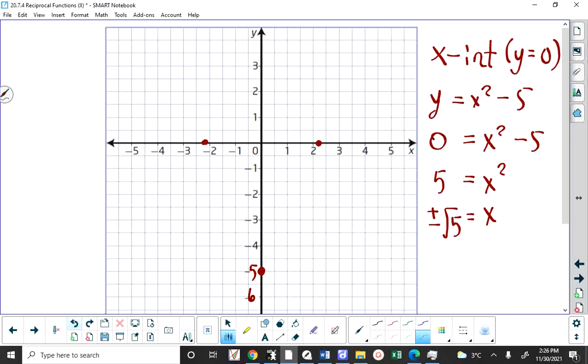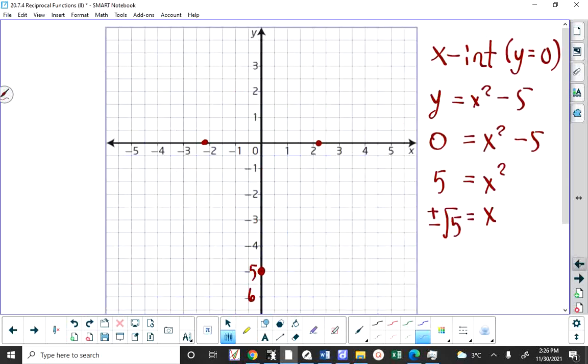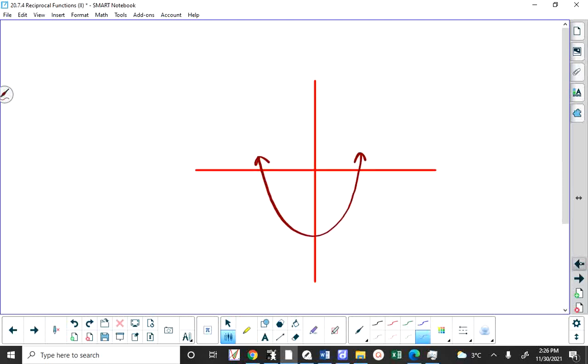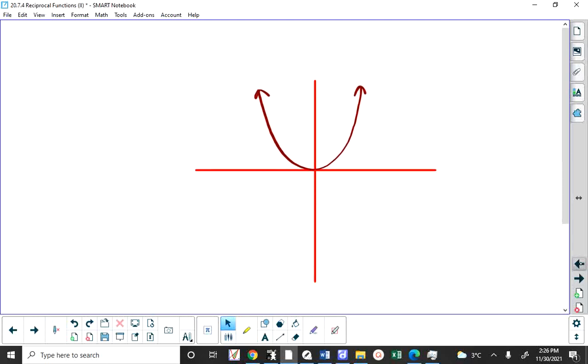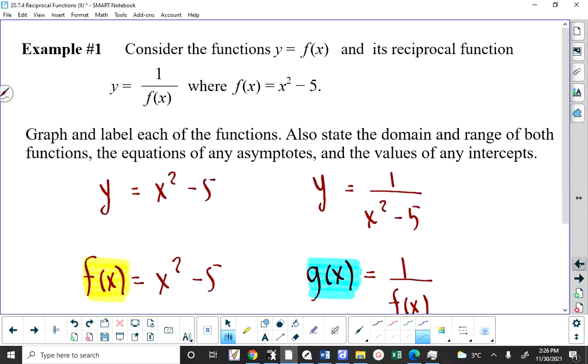I think you might be in trouble if you just try to draw this from these 3 points. You know something about y equals x squared. Y equals x squared goes over 1 and up 1, over 2 and up 4, over 3 and up 9, etc. So we can use that same pattern.